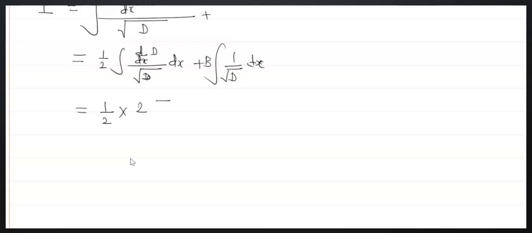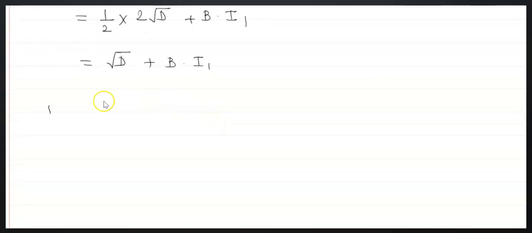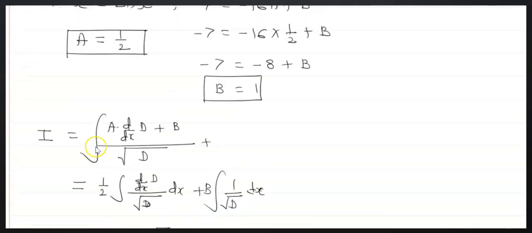The integral is 2 root of d, this is I1. The 2 gets cancelled, so root d plus b I1.